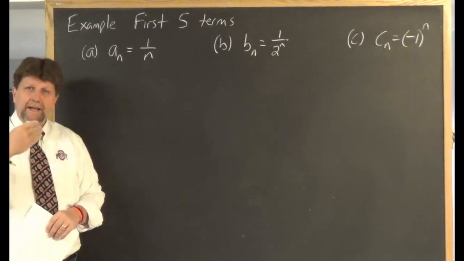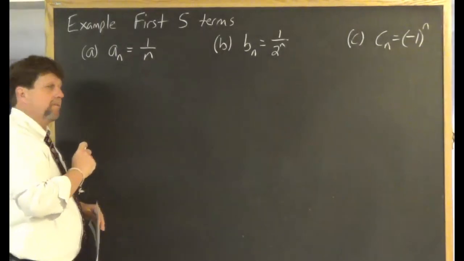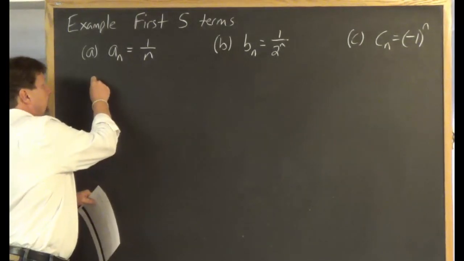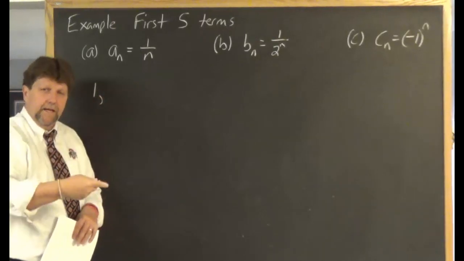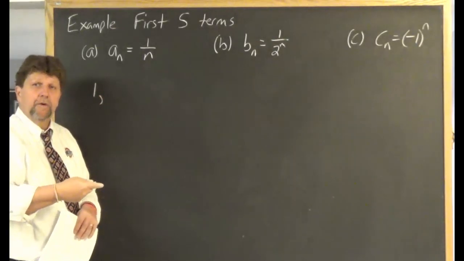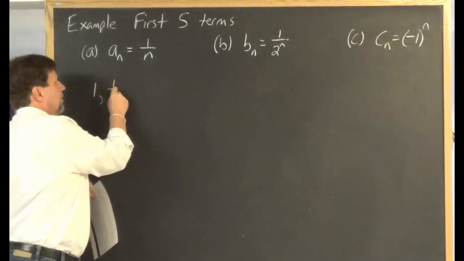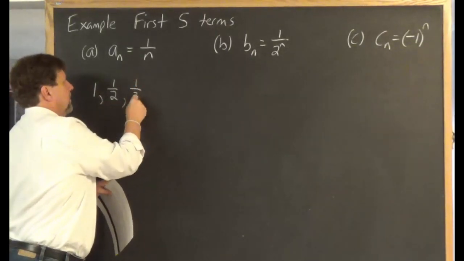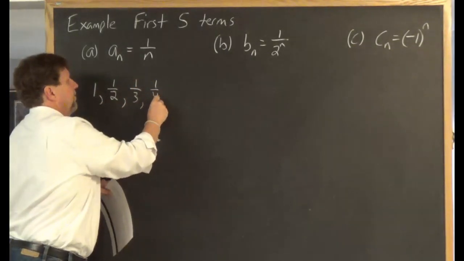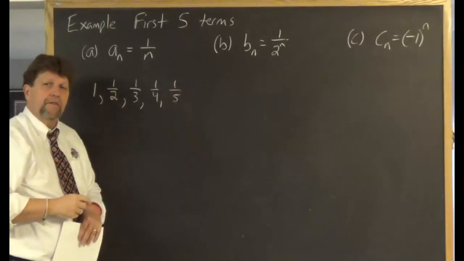So when n is 1, put 1 in for the n, you get the first term to be 1. The next domain element would be 2. So when n is 2, put 2 in for the n, you get 1/2. The next one is 3, 1/3, then 4, 1/4, then 5, 1/5.